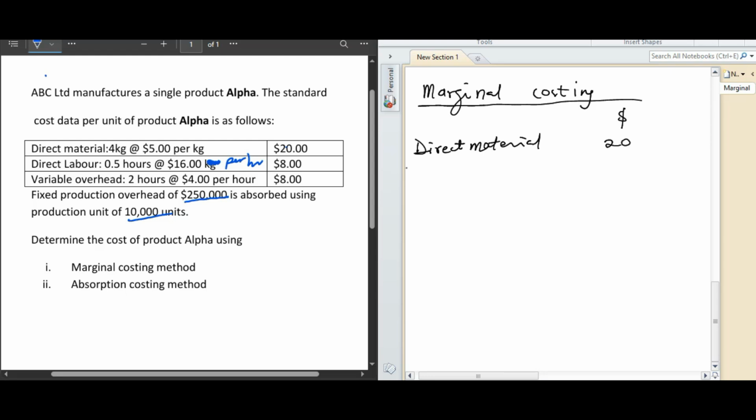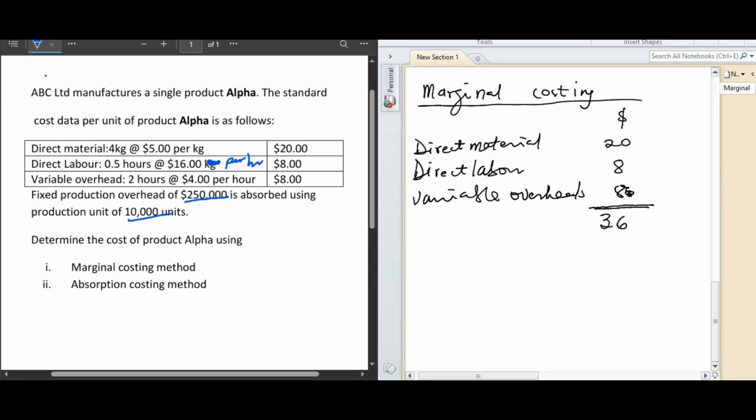Direct labor is $8. Then variable overheads will also give us $8. So when we are using the marginal costing system, our total cost here will be $36.